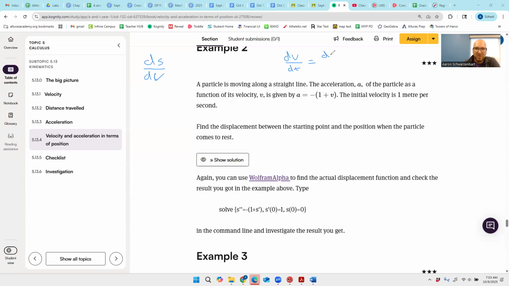So dv/dt times dt/ds will give me dv/ds, which is the reciprocal of ds/dv.